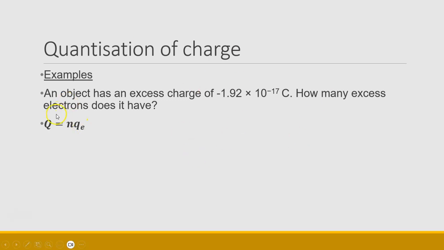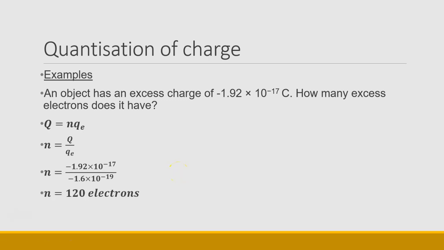But recall that we're trying to figure out N. So we may rearrange the formula as N equals the total charge divided by the charge per electron. So that's minus 1.92 times 10 to the minus 17. Remember that if the big Q is negative, then we are going to divide by a negative 1.6 times 10 to the minus 19. And that will give us 120 electrons, which is a positive number, and it is also a whole number.